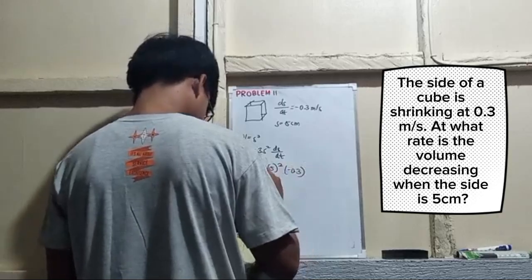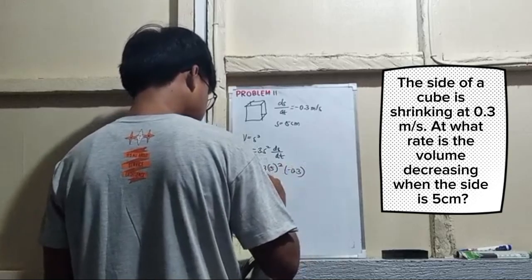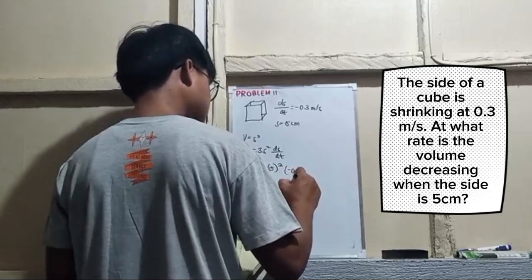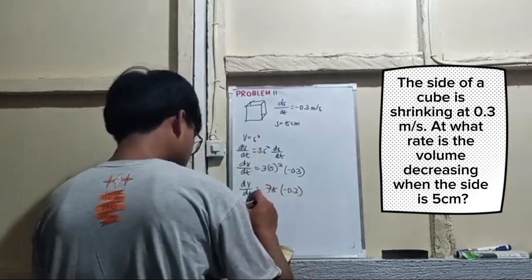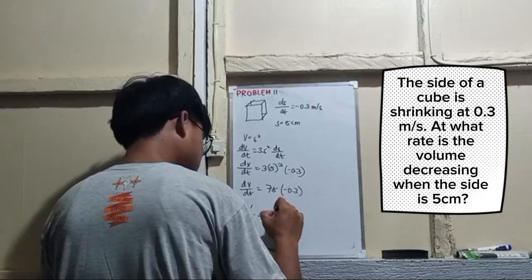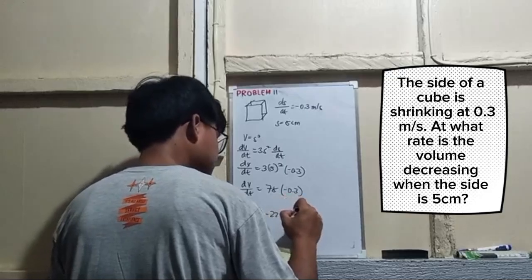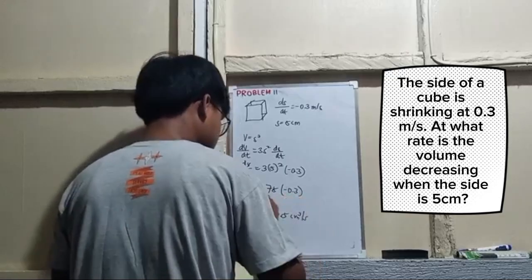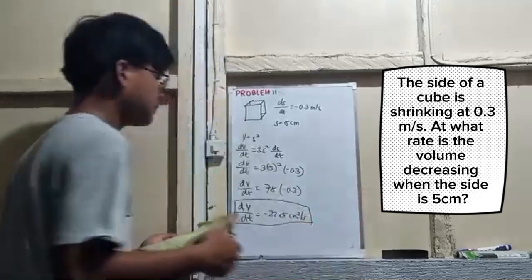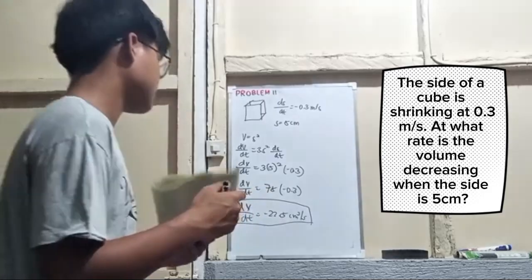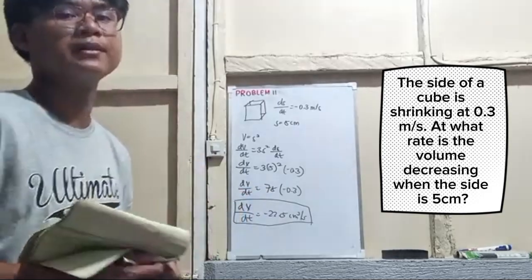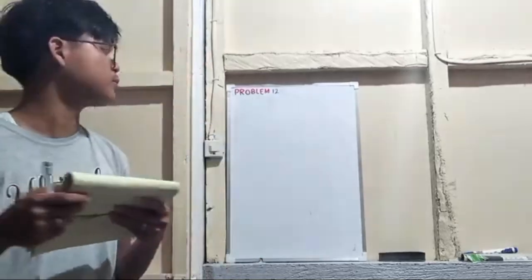Then solve, dV over dt, we have 75 times negative 0.3. Then we will get the value of negative 22.5 centimeter cubed per second. So we have the final answer of the rate of the volume decreasing as negative 22.5 centimeter cubed per second.